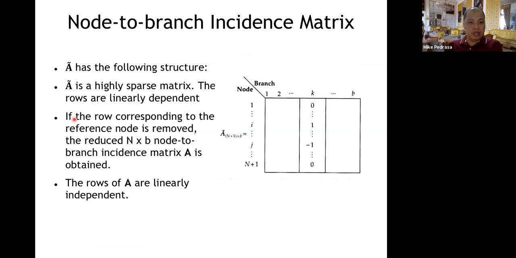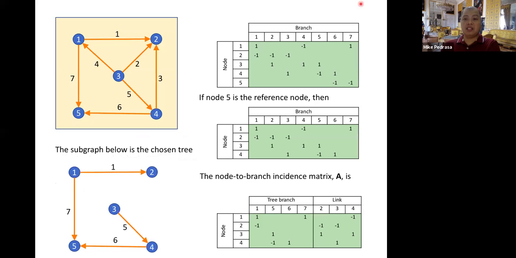If the row corresponding to the reference node is removed, then the matrix is reduced to an n by b incidence matrix A, and the rows of A will be linearly independent. Take note, in this matrix, the rows are linearly dependent, and we don't need that.